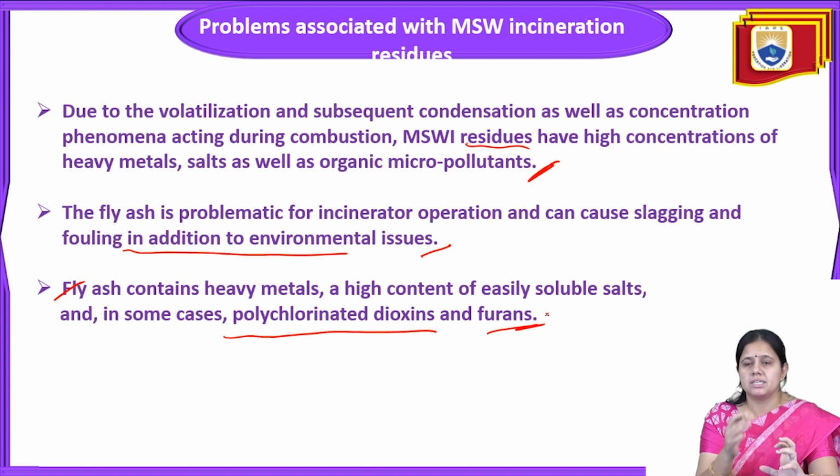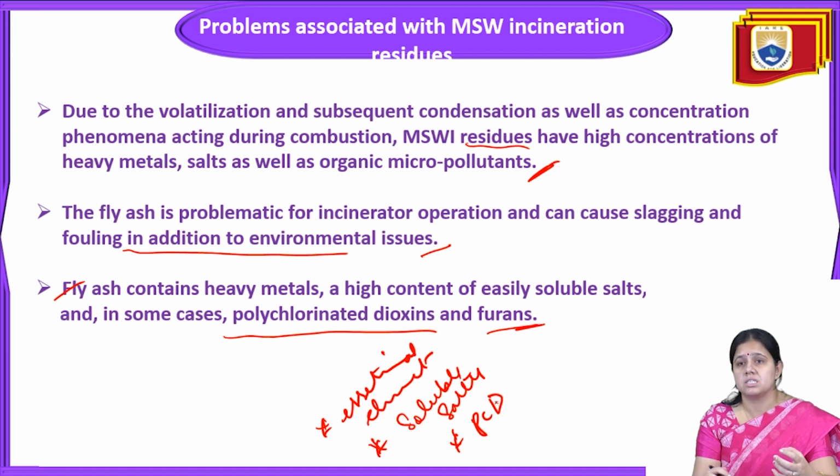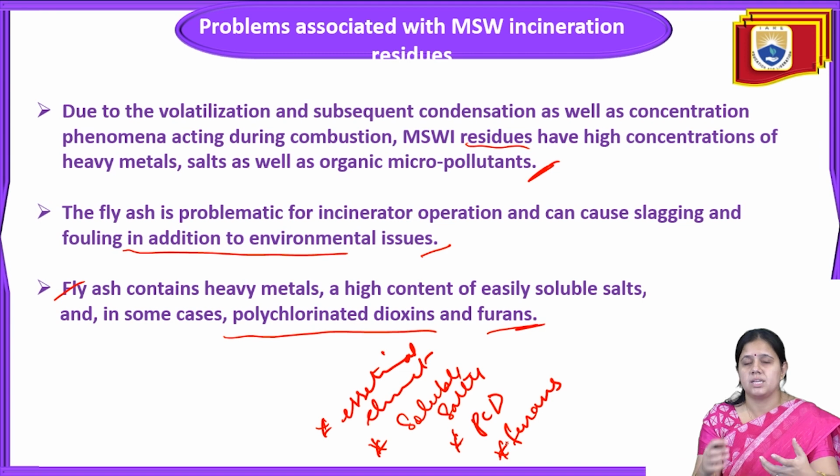So, fly ash will contain some essential elements as well as some soluble salts and some PCB, polychlorinated dioxins and some furans also. These are the problems that have been associated with the MSW incinerator residue.